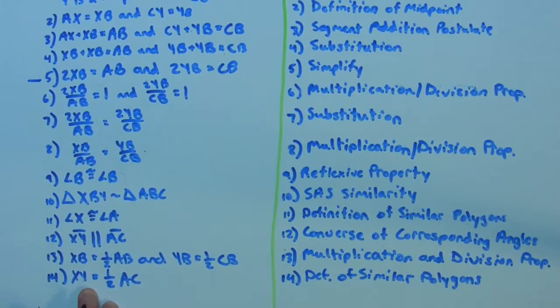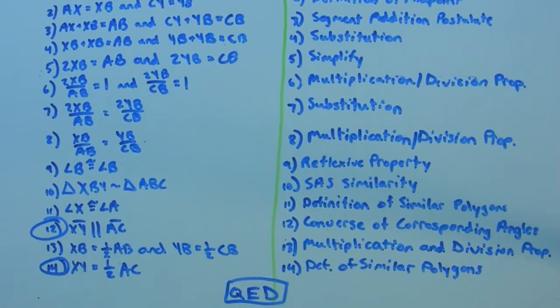So now we have XY equals 1/2 of AC, and that's by the definition of similar polygons, because polygons that are similar have proportional sides. So we showed in step 12 that XY was parallel to AC, and we showed that XY was equal to 1/2 of AC.